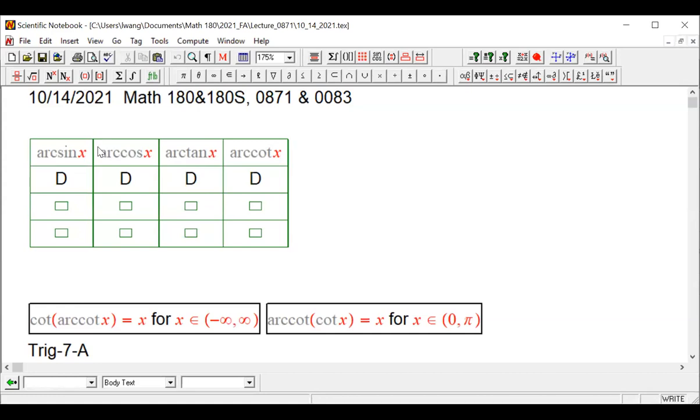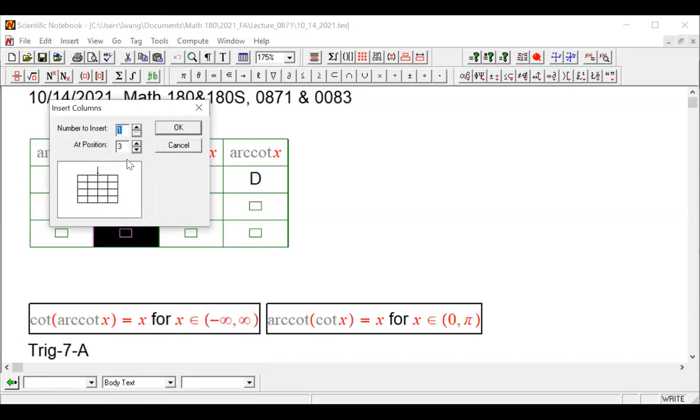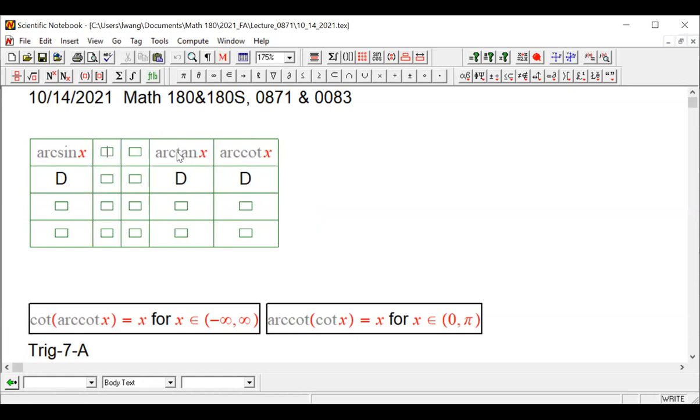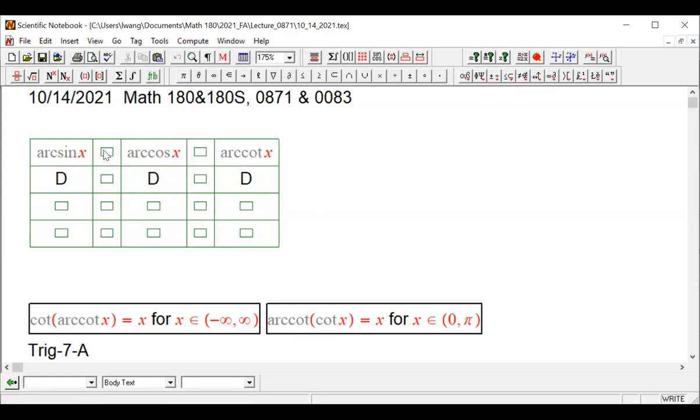you know what I'm going to do is I'm going to rearrange it in this way. Hopefully this will help you, okay? I'm going to put ArcCosine on here, ArcTangent on here.